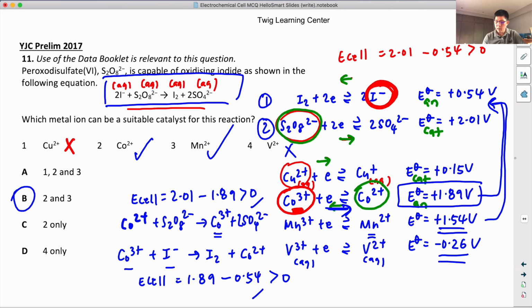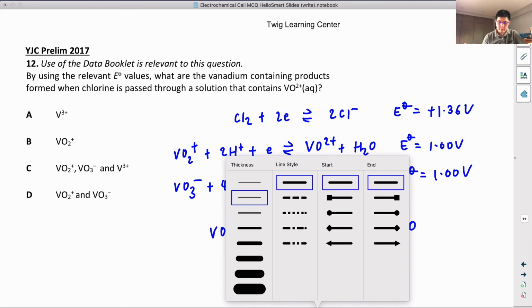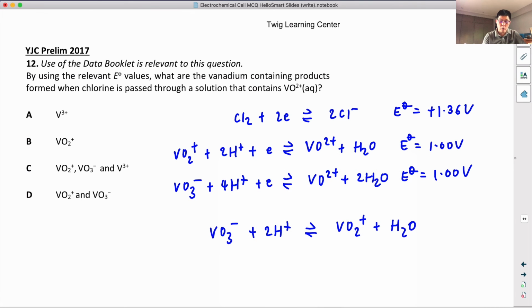Let's look at the next question, 12. By using relevant E values, what are the vanadium-containing products when chlorine is passed through a solution containing VO2+? Over here, I've already chosen. There's chlorine. So you pass chlorine through it.